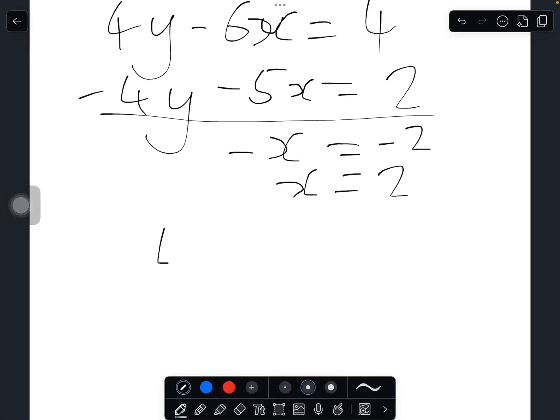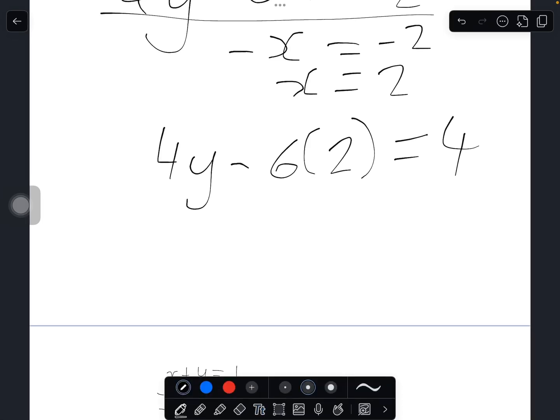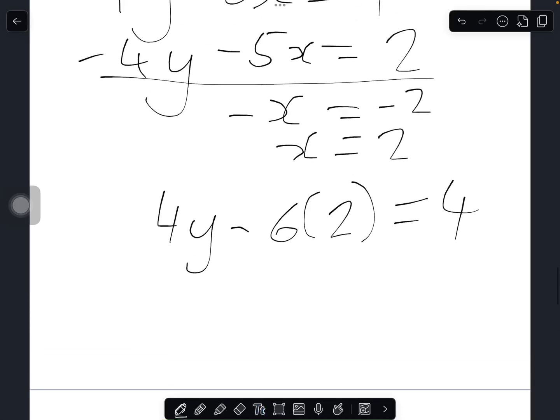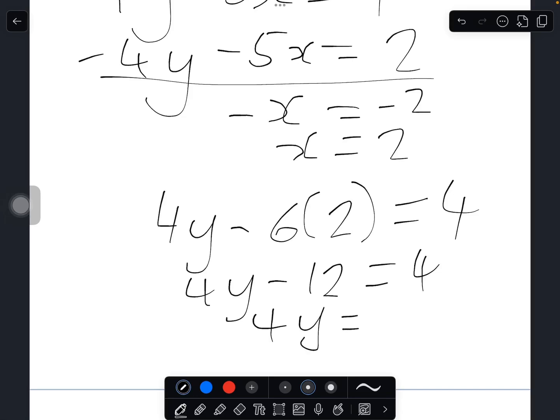So we have 4y minus 6 into 2 equals 4. And that's going to leave us with 4y minus 12 equals 4. 4y equals 16, and then y equals 4.